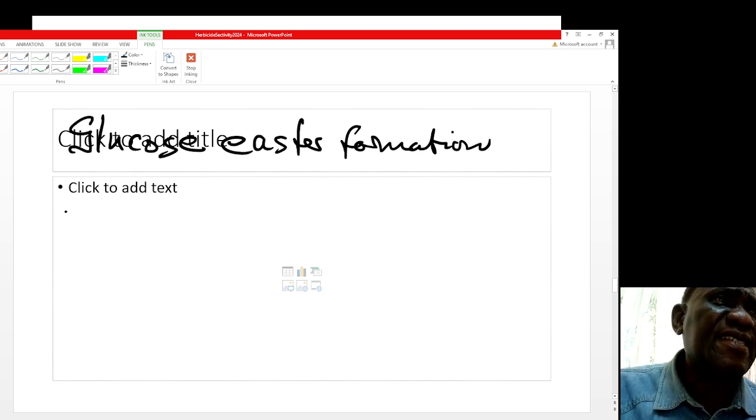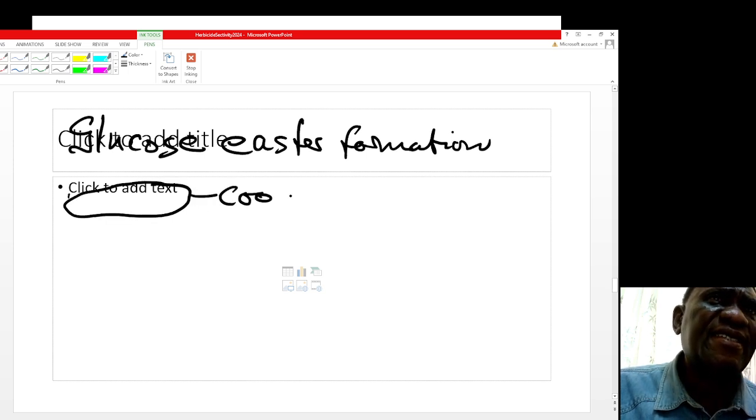Now in this case we have the herbicide carrying this COOH.